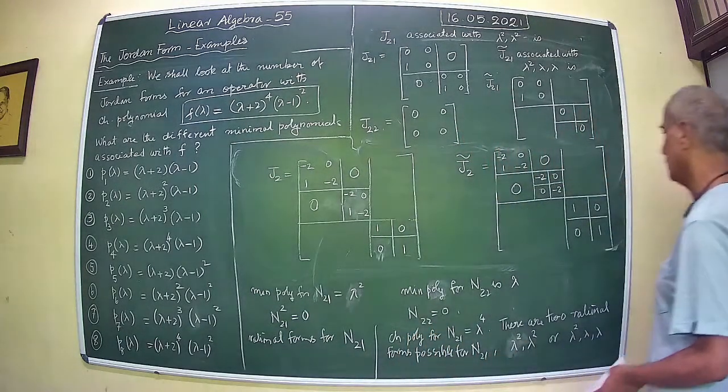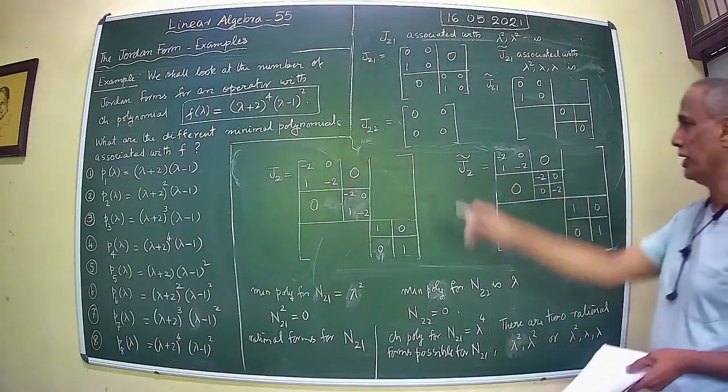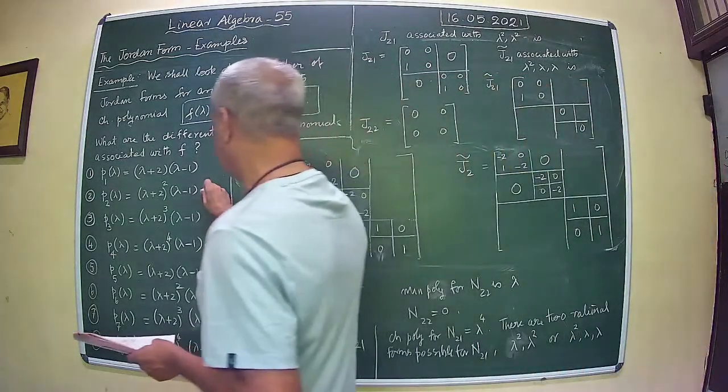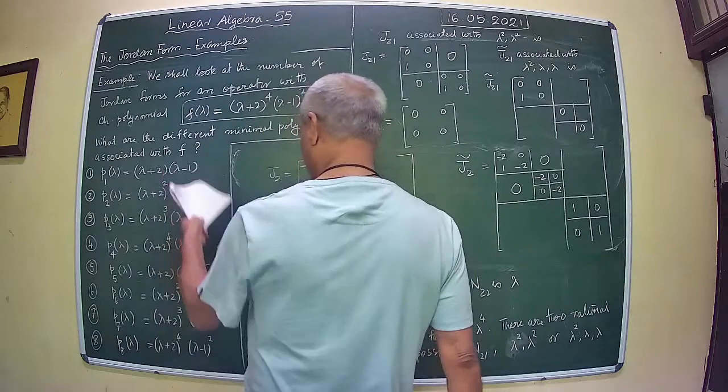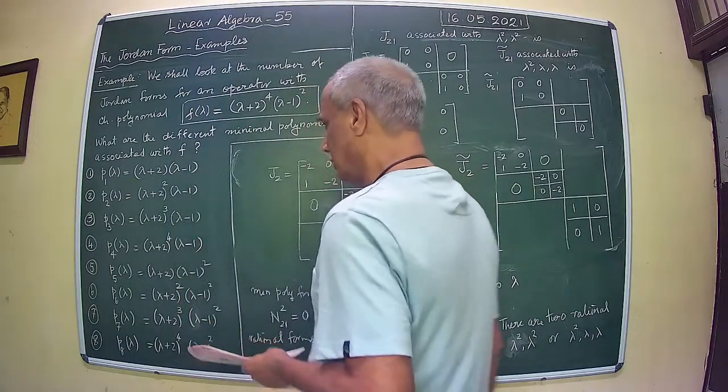So there are two Jordan forms possible associated with this. One Jordan form here, two Jordan forms here.